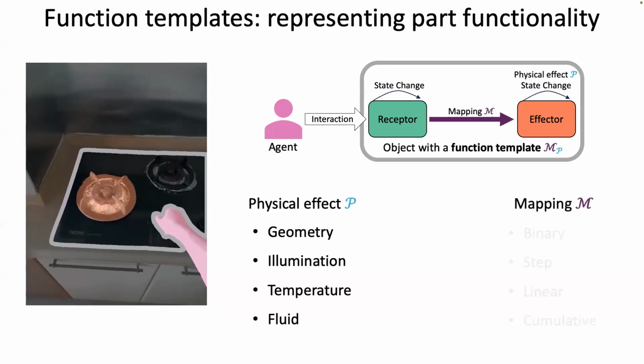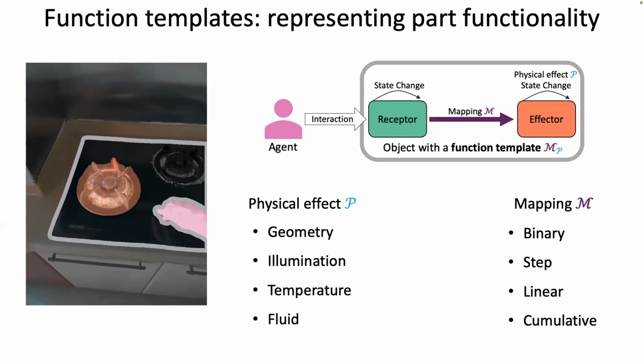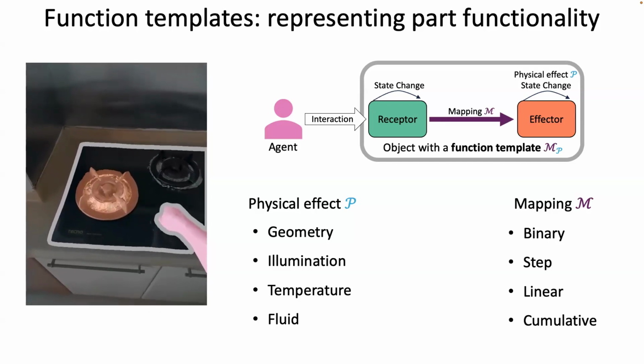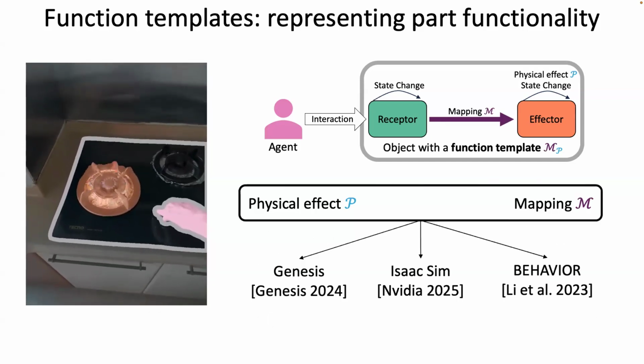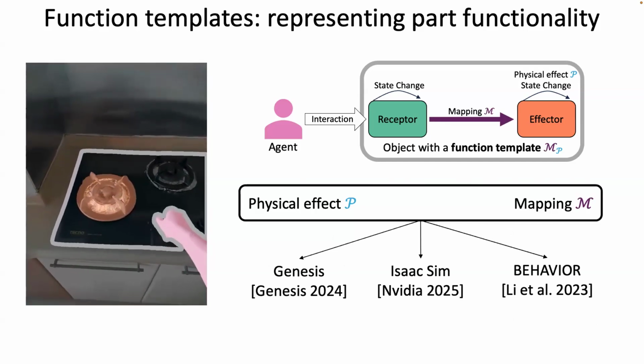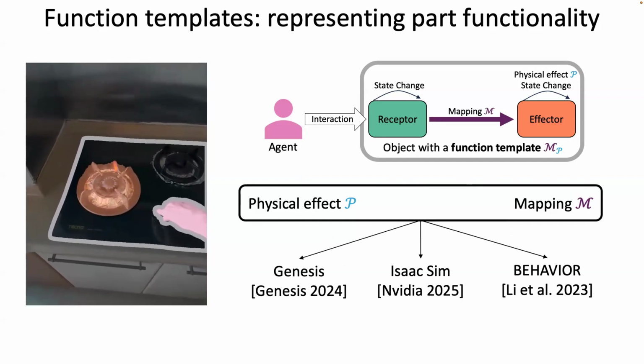And with this abstraction, we can then talk about representing actually more than just geometric changes, but illumination changes, temperature changes, fluid flows, and so forth, with simple mappings like linear mappings, binary, and so forth. And with this convenient abstraction, we can then target your simulator of choice. It's something that's portable enough to produce interactive objects in Genesis, Isaac Sim, BEHAVIOR, and so forth.